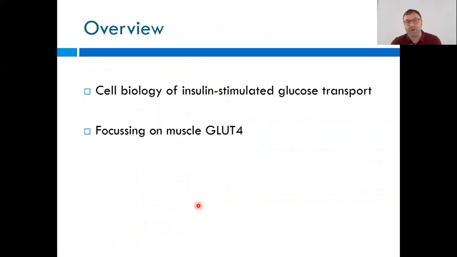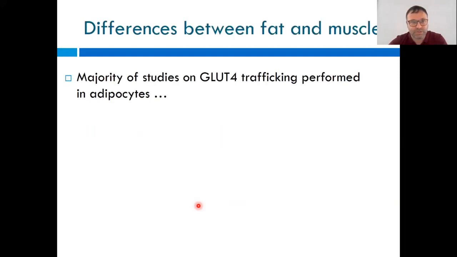Okay, so I'd like to focus a bit more on muscle specifically now, given the title of our seminar course. Now, the majority of the studies that have focused on GLUT4 trafficking that I've just described to you have been performed in adipocytes. And the simple reason for this is a much more experimentally tractable model for many reasons, including the fact that we have very good cell culture models that allow really nice cell biology trafficking experiments to be done.